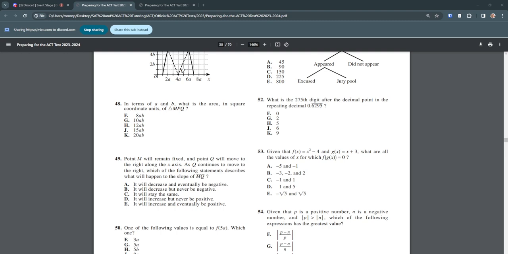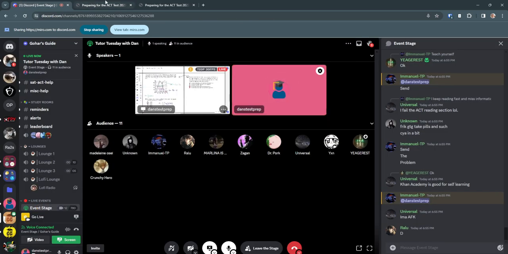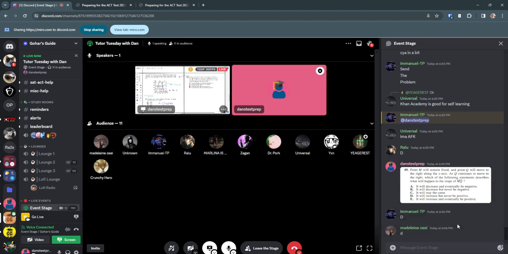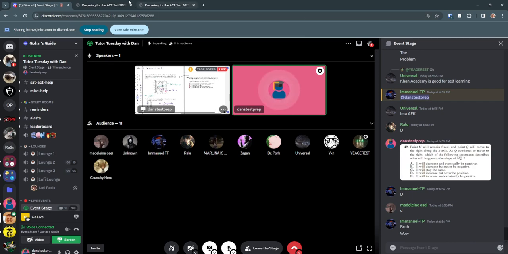So we can't really say that the slope will decrease or stay the same. It looks like it will increase. However, it can never be positive, because it can never get above point M. And I forgot to send the question, so there's 49. Yeah, it's going to be D.